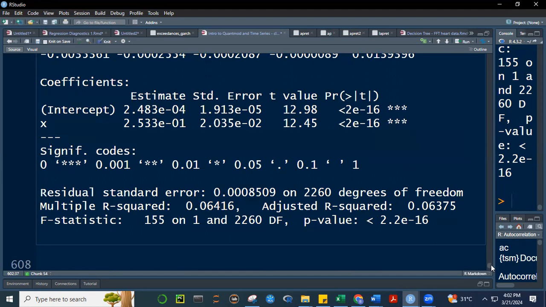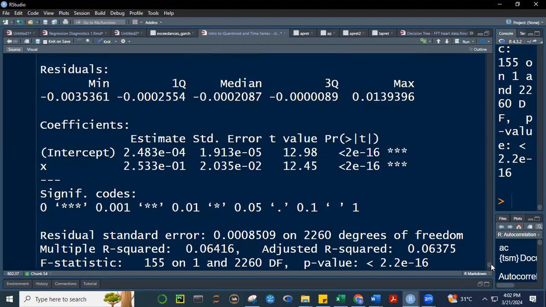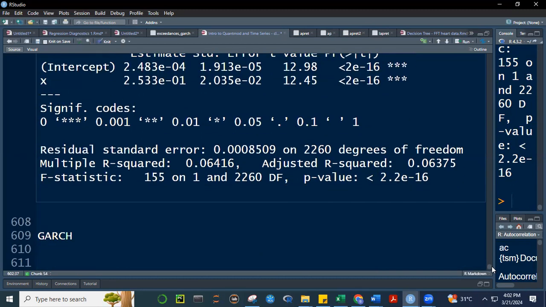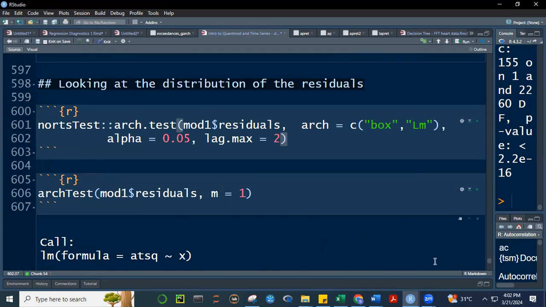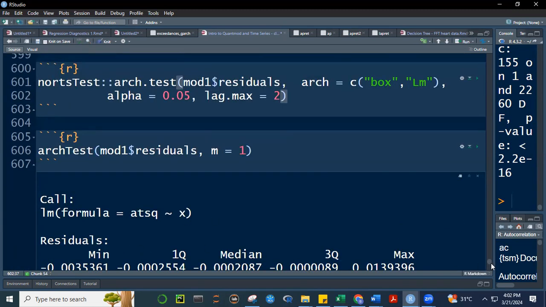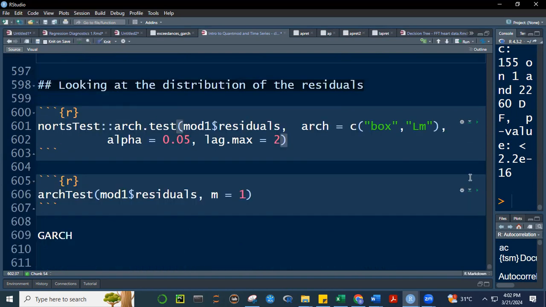Our null hypothesis is that our residuals are homoscedastic. We reject the null hypothesis. Okay? Yung ARCH test natin, ang sinasabi niya, there is the presence of ARCH. Ano yung ARCH? Autoregressive conditional heteroscedasticity. So our residuals are heteroscedastic. So yung model 1 natin, yung ARIMA model 1 natin was not sufficient.